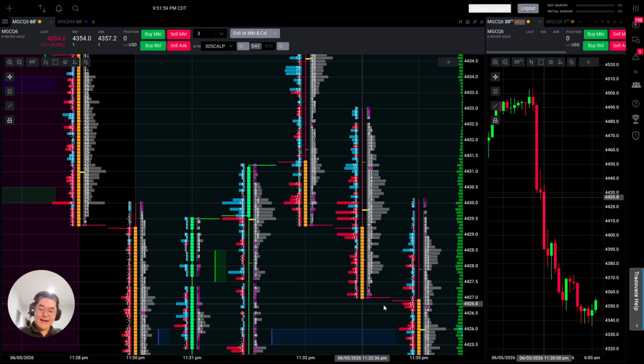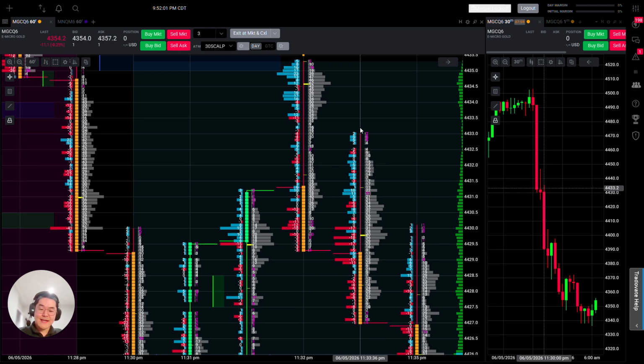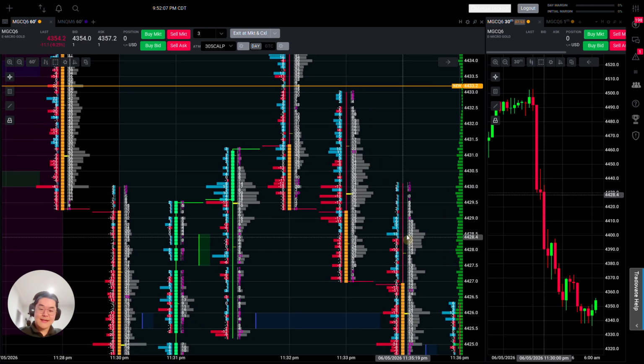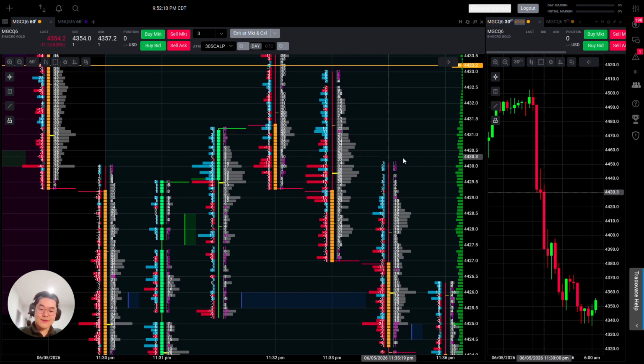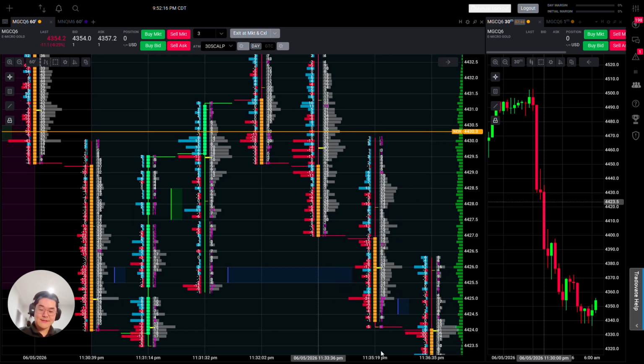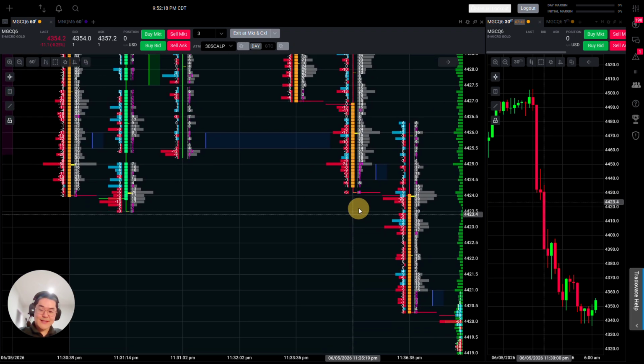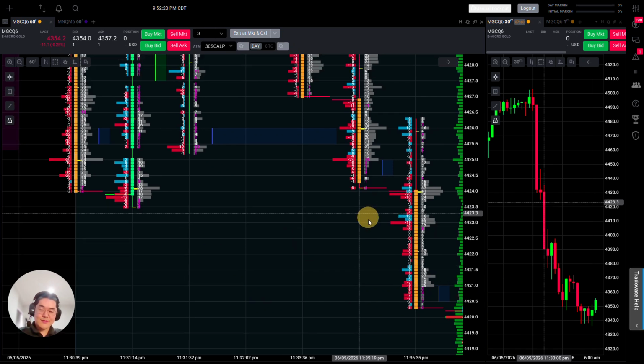So as price comes down, we could actually move our stop loss right there because not a single person wants to trade higher than this price. Same thing happens again, purple, right? Completed auction. Right here, we could move our stop loss right there. And price comes down, breaking down the lows.